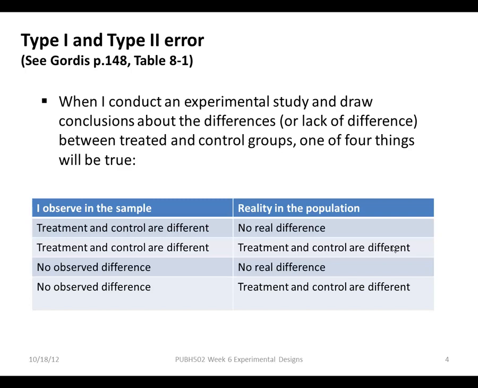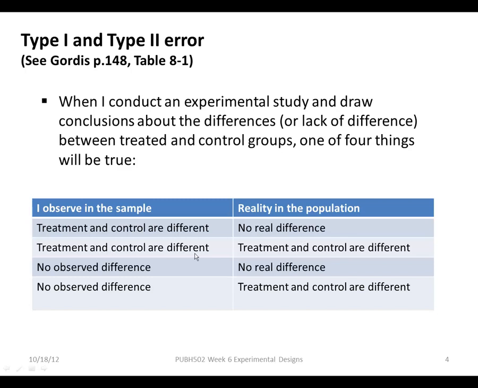So we think about conducting an experimental study and drawing some conclusions from the differences we see or the lack of differences we see. And when we do that, we can't observe reality, but we know there are basically 4 conditions, one of which must apply. So I can observe that the treatment and control groups are different when I run my study, and in reality there's no real difference.